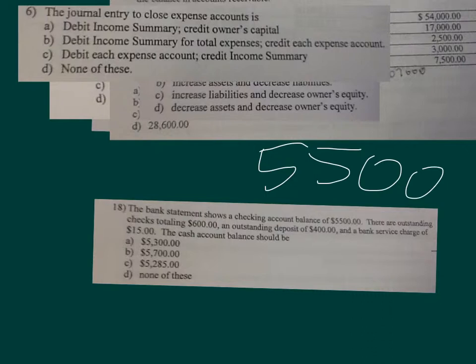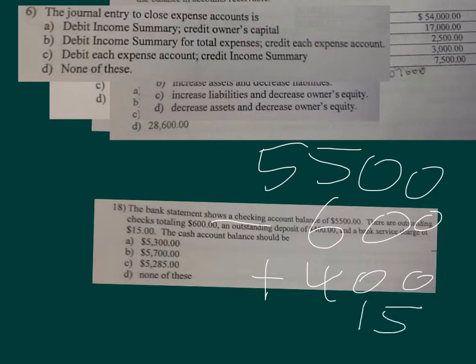Checks you would take away, so $600. An outstanding deposit of $400, so you would add $400 because deposits are adding. And a bank service charge of $15, which you would take away. So this plus this is a negative $200. Plus that is a negative $215.